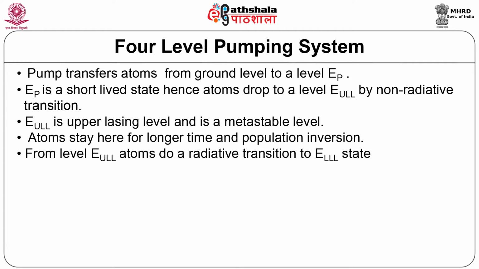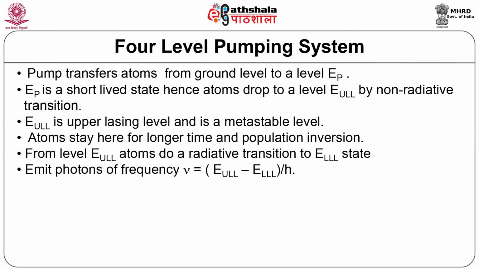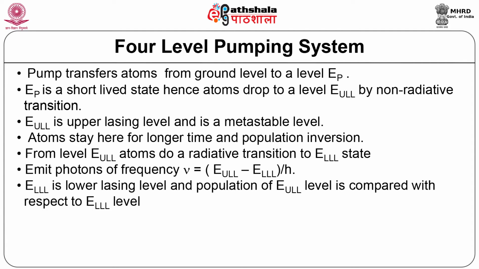From level EULL, atoms do a radiative transition to ELLL state and emit photons of frequency ν = (EULL − ELLL)/h. ELLL is the lower lasing level, and the population of the EULL level is now compared with respect to the ELLL level.